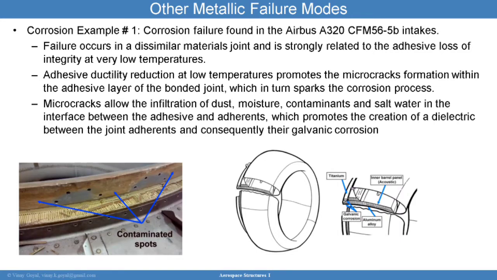And that in turn sparked this corrosion process because the microcracks within the adhesive allowed the infiltration of dust, moisture, contaminants, and salt water in the interface between the adhesive and adherents, which promoted the creation of a dielectric behavior between the joint adherents, and consequently, it led to galvanic corrosion.